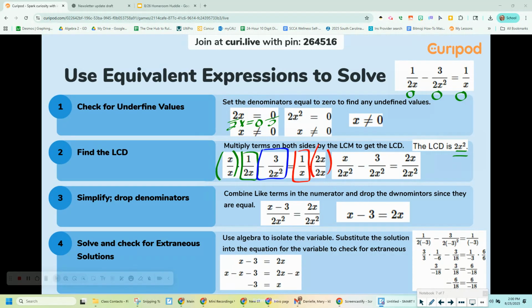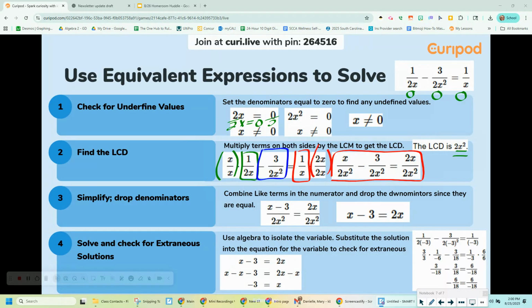So once I do all of the multiplication, I have a new equation, x divided by 2x squared minus 3 divided by 2x squared equals 2x divided by 2x squared.